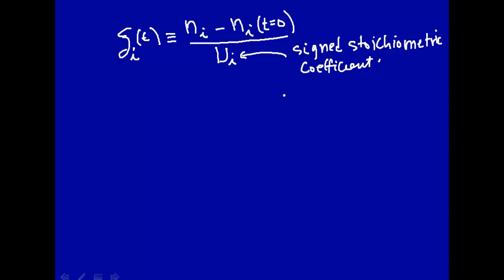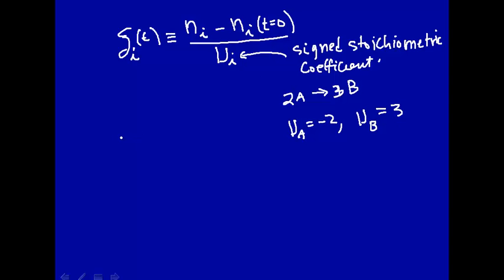So for example, if we have 2A goes to 3B, say, just to make it interesting, the signed stoichiometric coefficient for A would be minus 2, minus because A is a reactant, and the signed stoichiometric coefficient for B is positive 3. So that's what that means.